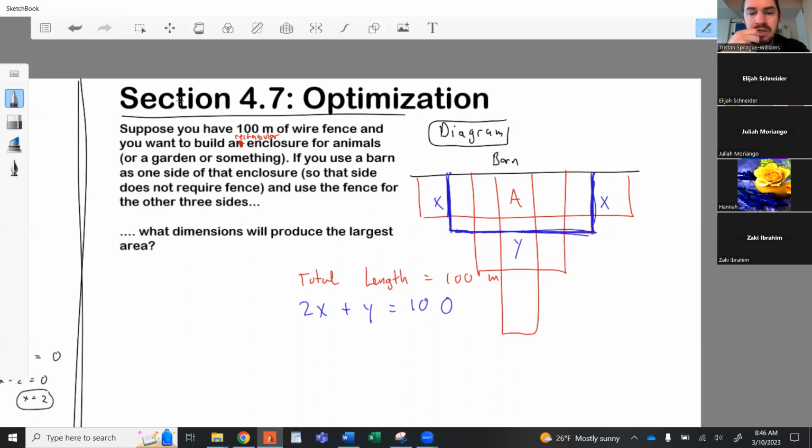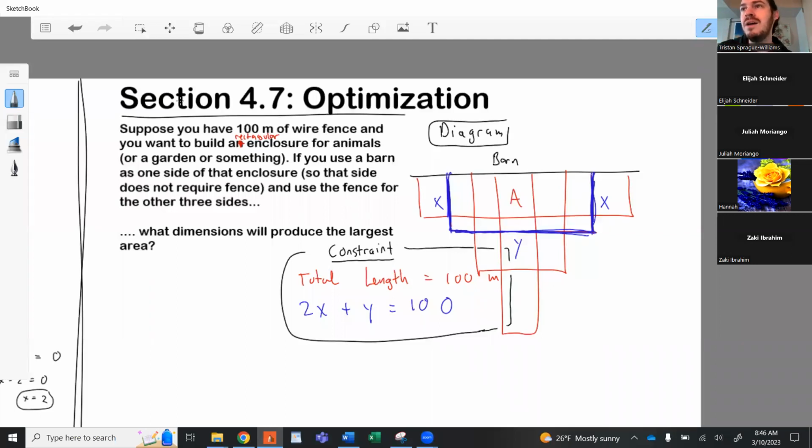And this information right here is called our constraint. A constraint is a piece of information that puts a limit on the values of the variables involved in this problem.